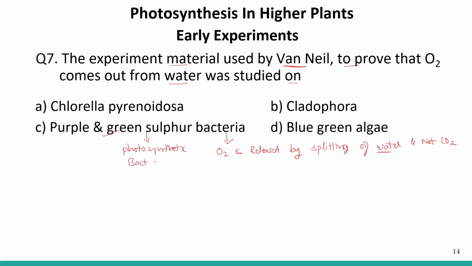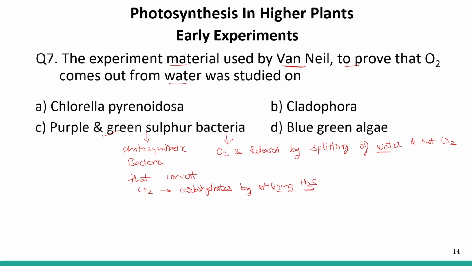So these are photosynthetic bacteria that reduce carbon dioxide, or you can say that convert carbon dioxide into carbohydrates by utilizing H2S, hydrogen sulfide, instead of water.